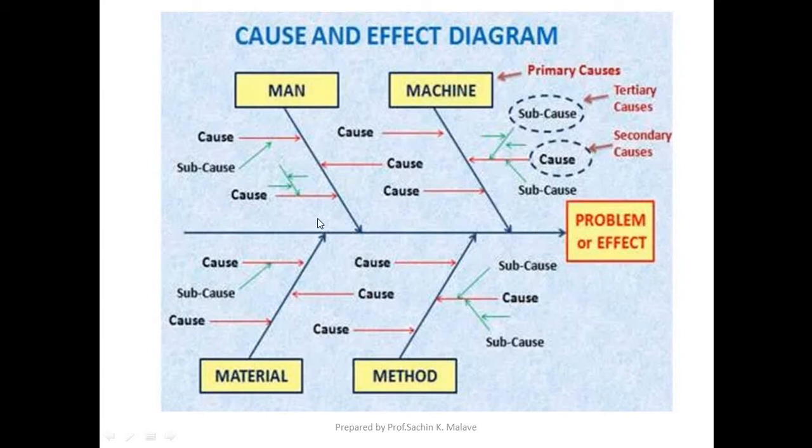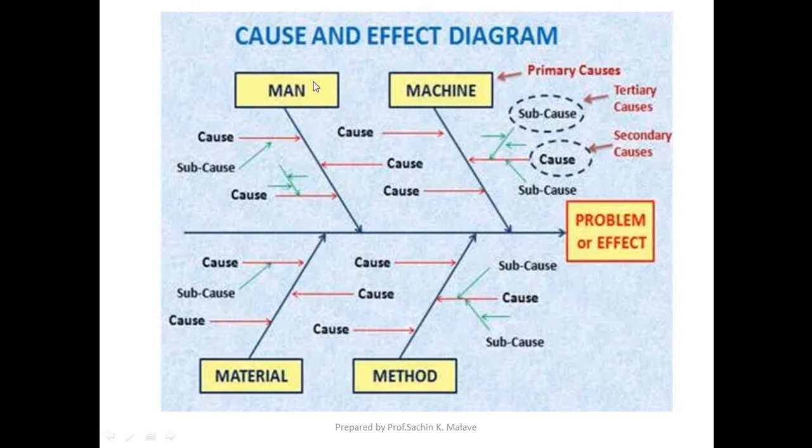Then specify the major categories of possible sources contributing to the problem. So once we have chalked down the problem or effect, we will try to find out the major categories of possible sources contributing to the problem.